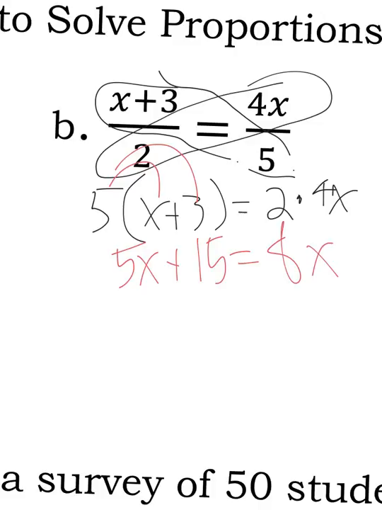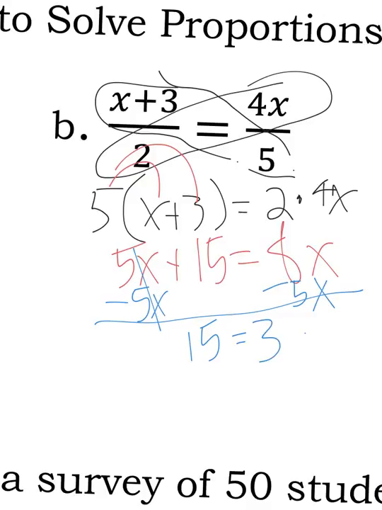Okay. Now it looks a lot more manageable. I know 5x is smaller than 8x, so I'm going to minus that over. 15 equals 3x. Cool. Divide by 3. Divide by 3. X equals 5.